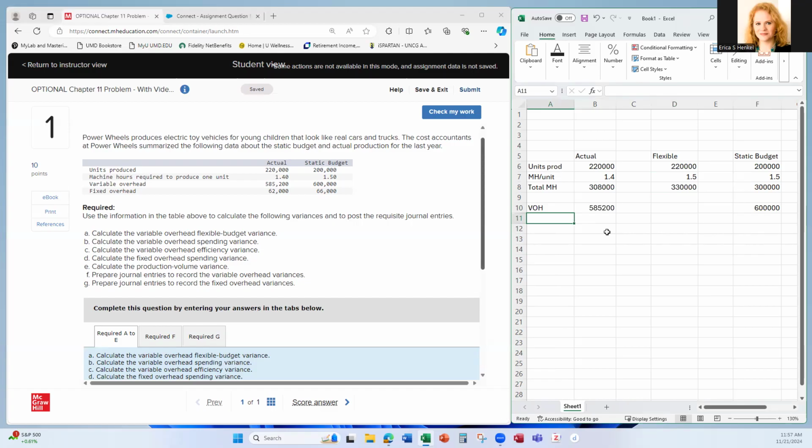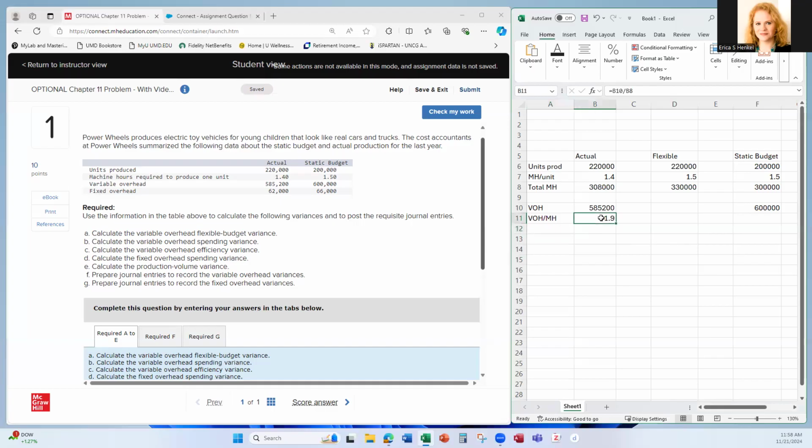Now, if this is being allocated based on machine hour, let's figure out what our variable overhead per machine hour is going to be. Okay, so let's take variable overhead, B10, divided by our total machine hours in that row. And that's going to get us 1.9.